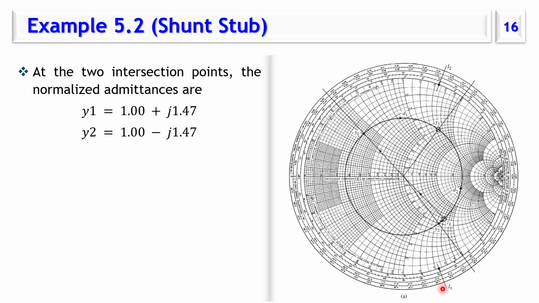So at this length, which is 0.34 something, we need the length of the stub. For the second solution, we need it positive, so we'll move from here, from the short circuit towards, so the short circuit is at the load, and we are moving towards the generator, which is the input of the stub, and we need the value to be 1.47, which is at this point, so this is the length L2.